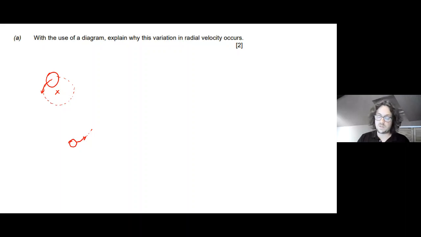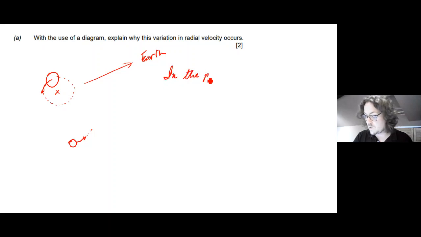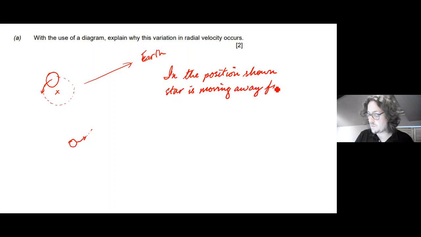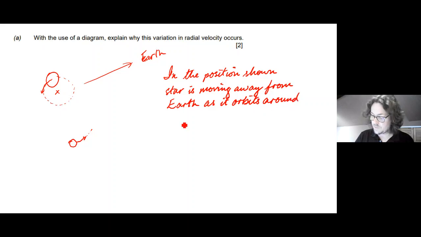And if we were looking at this from Earth, say, and let's say Earth was over here, then that would mean that we could say that in the position shown, the star is moving away from Earth as it orbits around the center of mass.